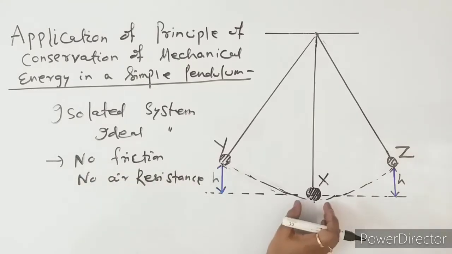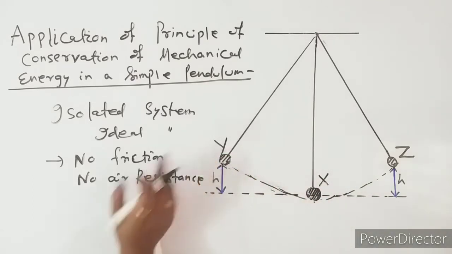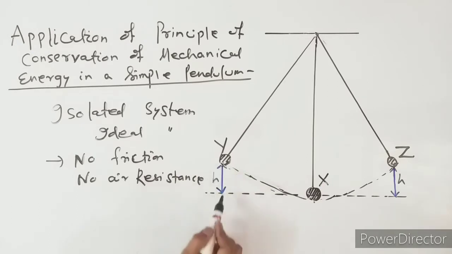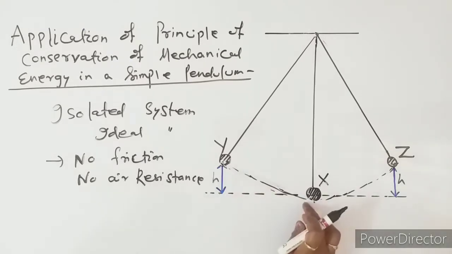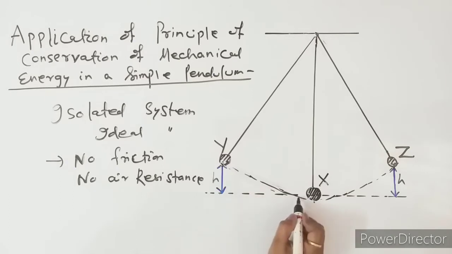So here from one of these ends we are taking the bob to the y end. When it is taken to the y side, it is at h height from the ground, or from the original position, let this dotted line be the original position.